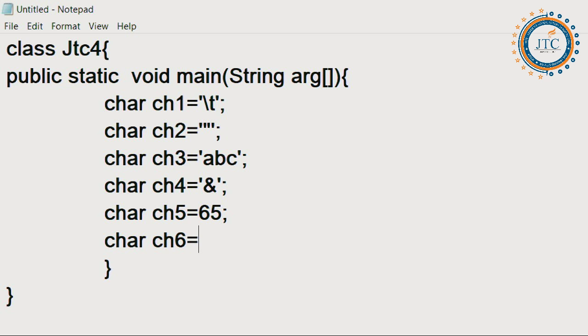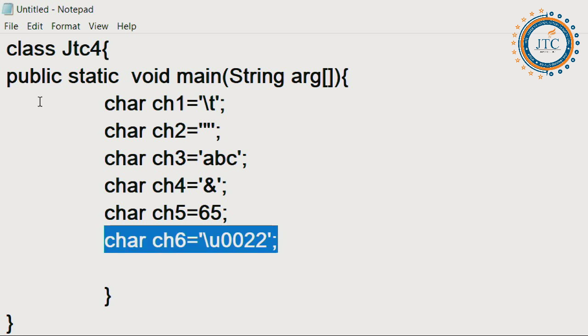Char ch6 is equal to, inside the single quotes, I am writing \u0022. That's what I have written here. So, can we write this? Whatever I have written here for ch6, can we do this or not?